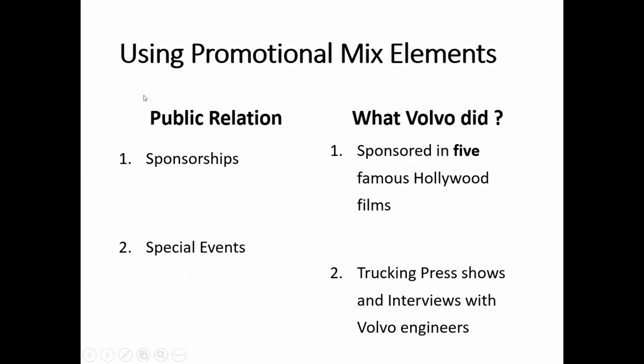The next thing is public relations. For public relations, Volvo did sponsorships and special events. For sponsorship, Volvo sponsored five famous Hollywood films, and for special events, trucking press shows and interviews with Volvo engineers. This is another promotional element Volvo did.